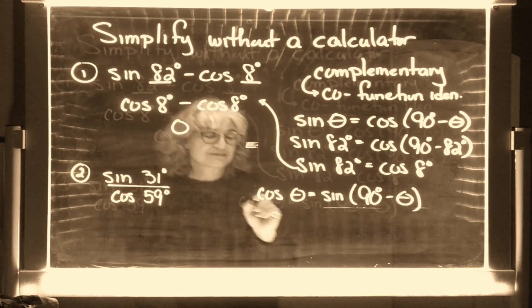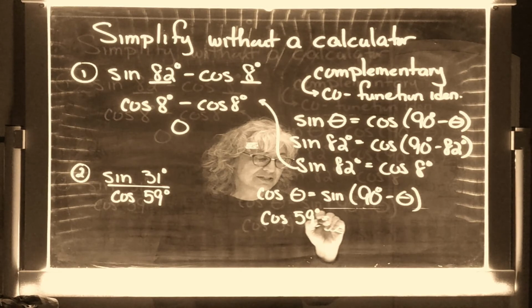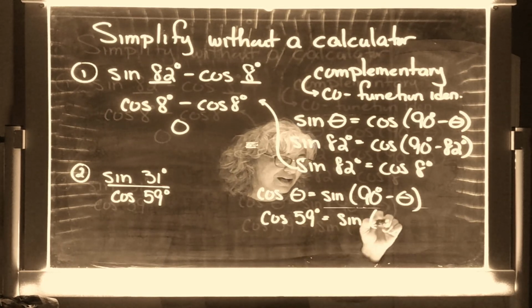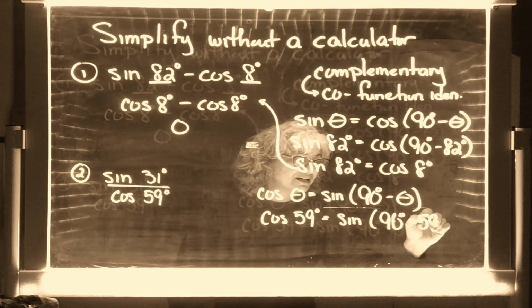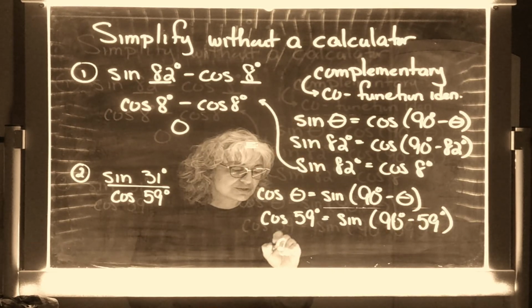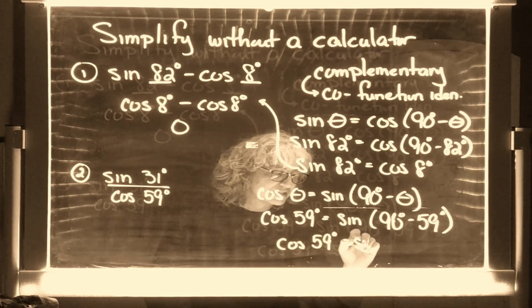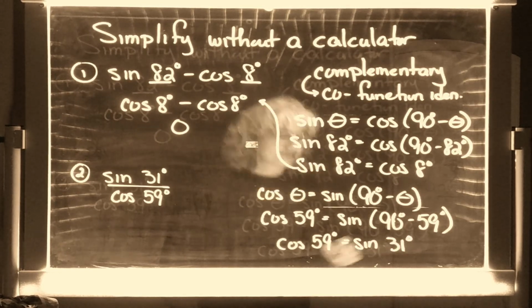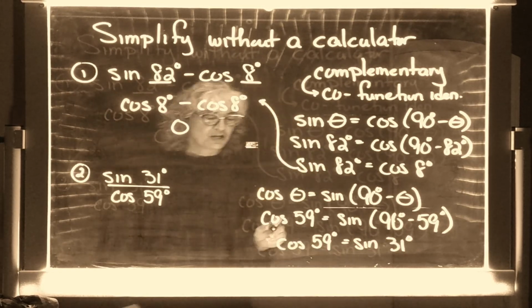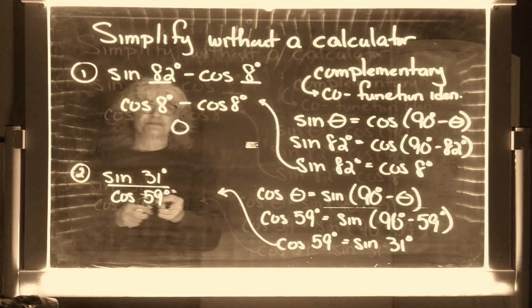And in this case, the cosine of 59 degrees is going to be equal to the sine of 90 degrees minus 59 degrees, which equals the cosine of 59 degrees being equal to the sine of 31 degrees. Does that make sense?